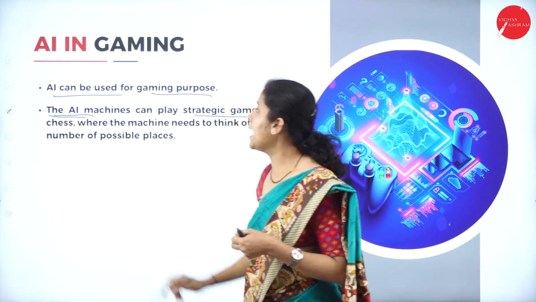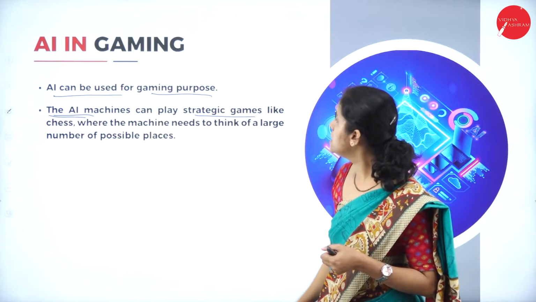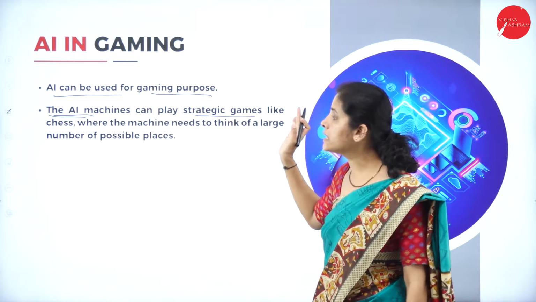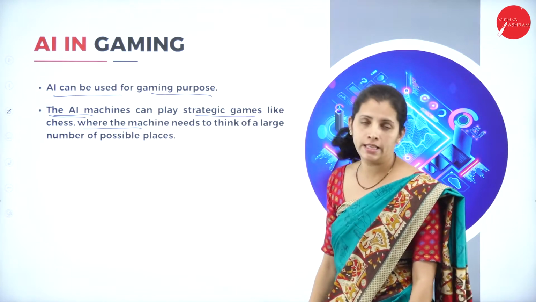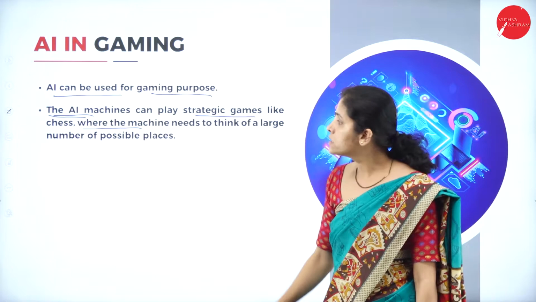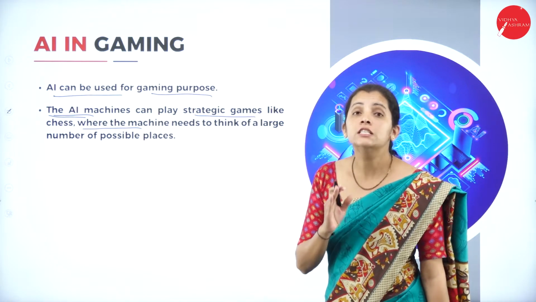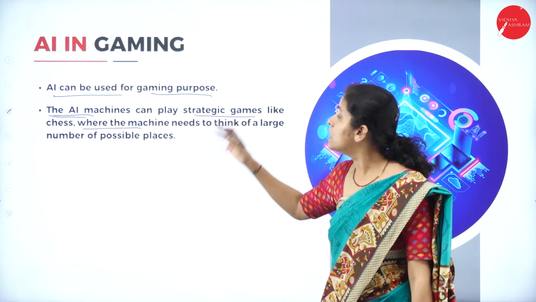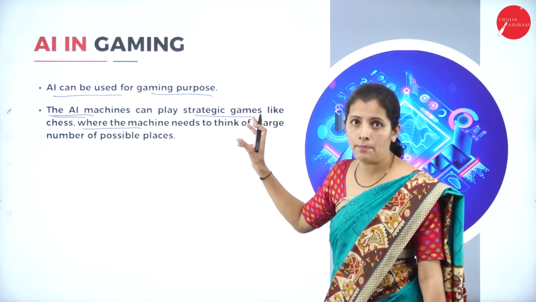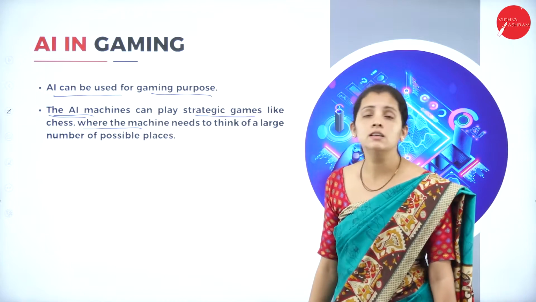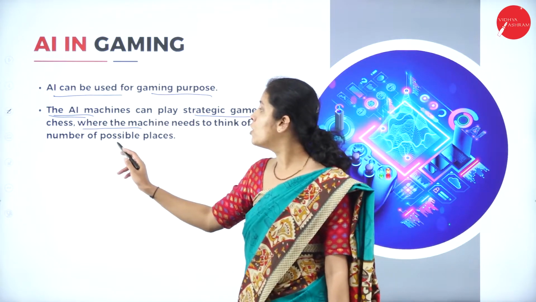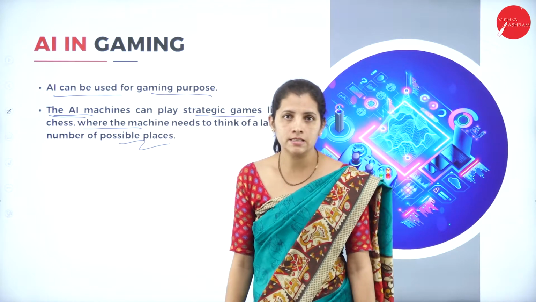So the AI machines can play strategic games like chess, where the machine needs to think. Suppose I want to move a chess piece, then the machine must have the thinking power, where the machine needs to think for a large number of possible plays.